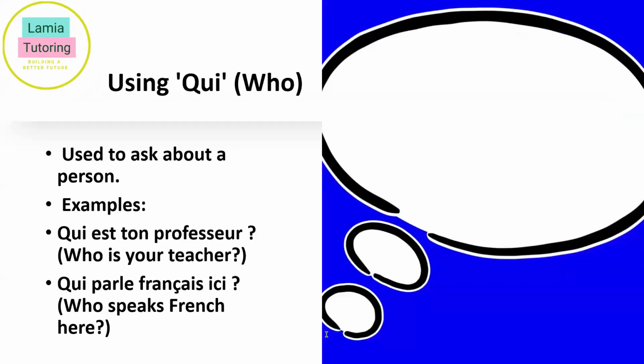Using qui. Used to ask about a person. So, qui est ton professeur? Who is your teacher? Qui parle français ici? Who speaks French here? I'm going to give you some minutes to write down what it is used for and the examples of it, and then we'll start using it.